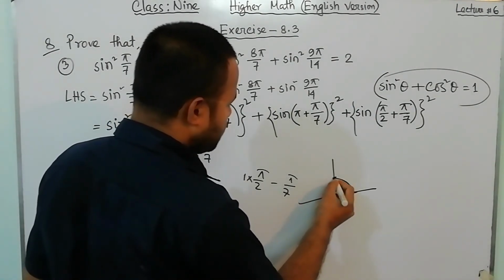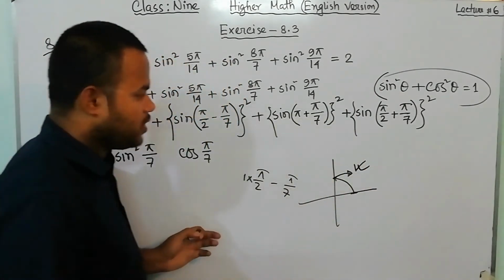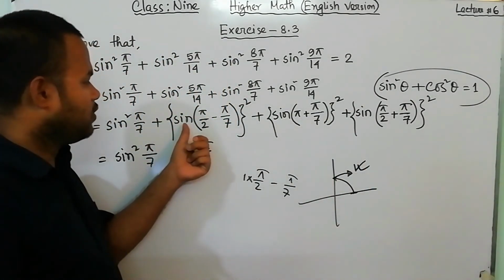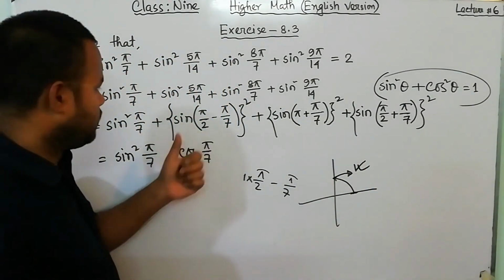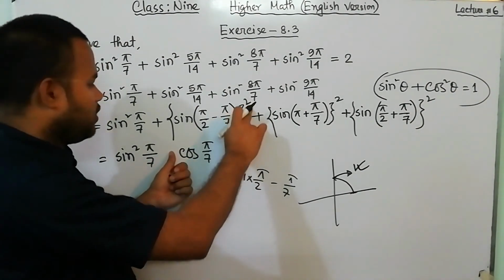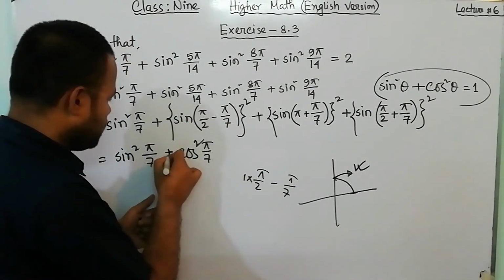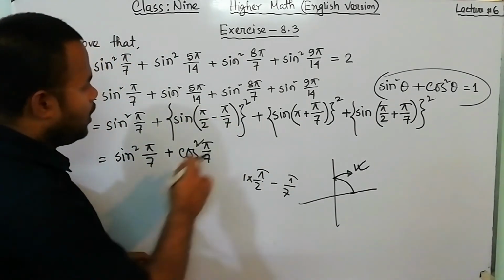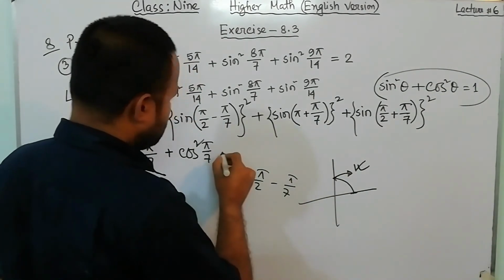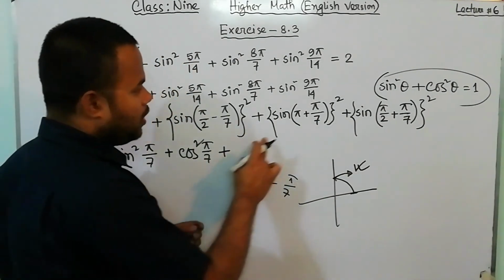So if we rotate clockwise, then this one is in the first quadrant. In the first quadrant, the value of sine is positive, so we have to put positive here, but we have also square here. Now we can put square here and put positive here. Okay, now next one, put plus, positive here.